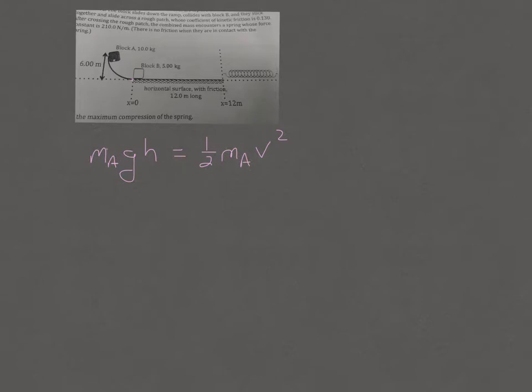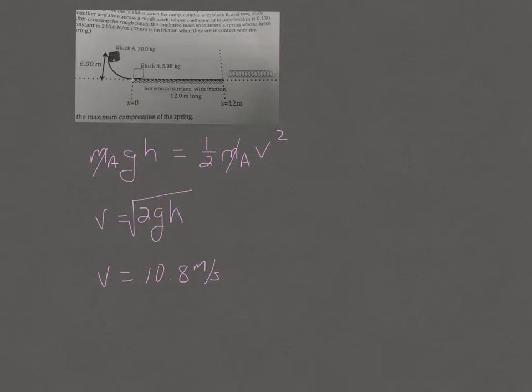And this is just a simple energy problem that we've done plenty of times. If you follow through with the work, we'll see that we get a speed of 10.8 meters per second. And that's how fast block A strikes block B.